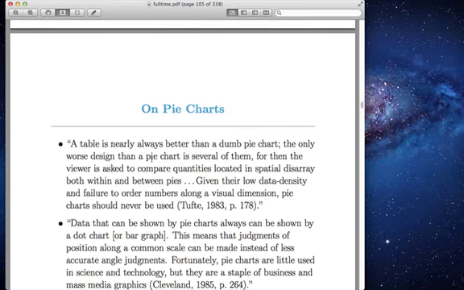For then, the viewer is asked to compare quantities located in spatial disarray, both within and between pies. So I think this is Tufte at his best, because in one crisp sentence, he tells you what is wrong with pie charts. One problem with pie charts is that the viewer must compare quantities located in spatial disarray, both within and between pies.